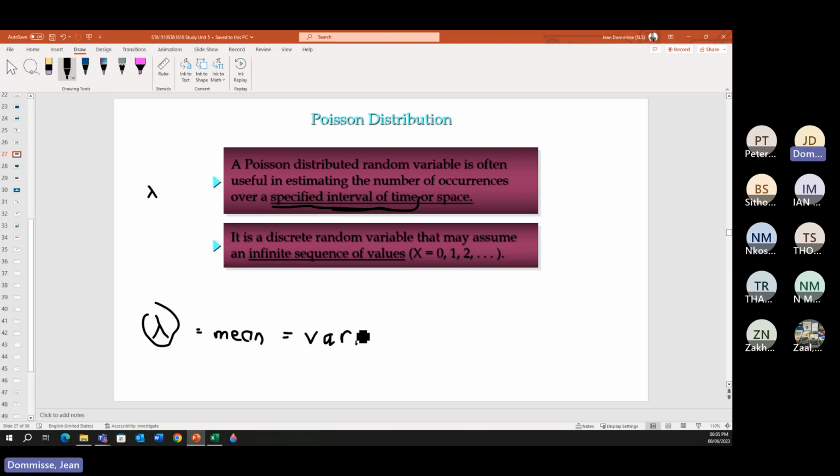So in the Poisson distribution, we don't need to work out anything. We will get it.